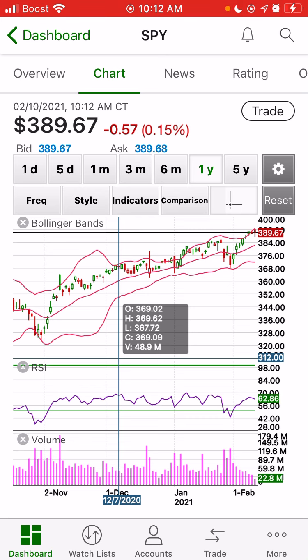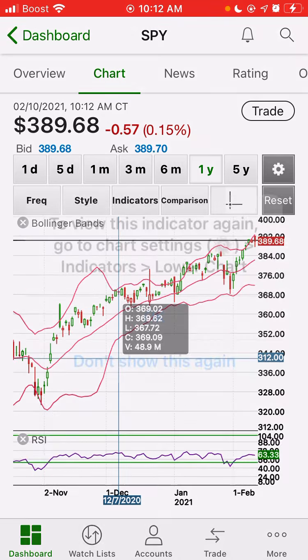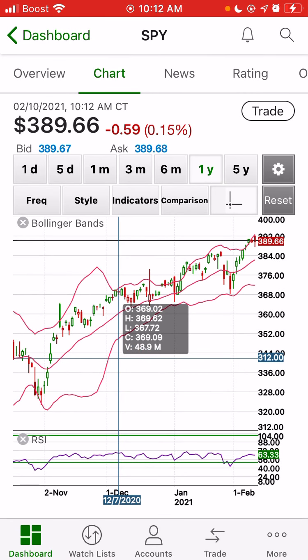So looking at the RSI, which is this middle indicator here, right above volume and right below the actual chart itself, I'm going to remove volume just to make it easier. So now we're left with the chart and the RSI.